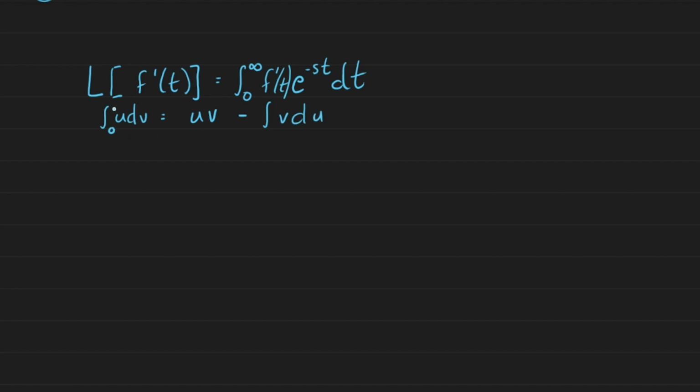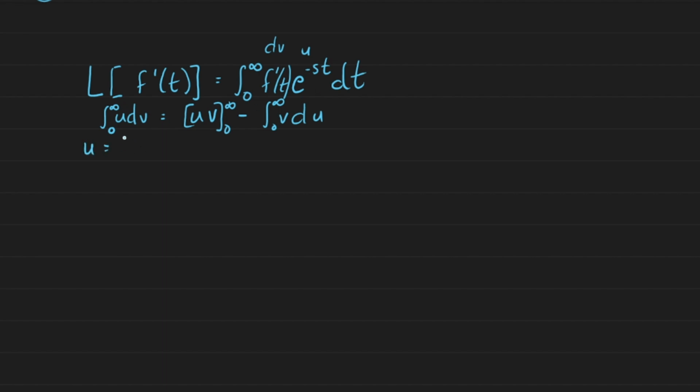We're integrating from 0 to infinity, so that's from 0 to infinity, and that's also from 0 to infinity. One thing is going to be u, and one thing is going to be v. Here we'll choose u to be e to the power minus st, and then dv will be f prime t dt.